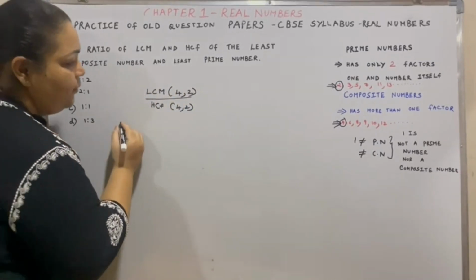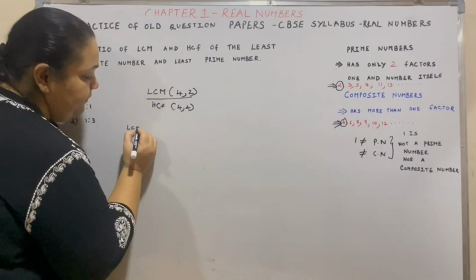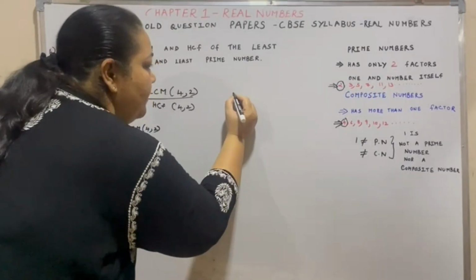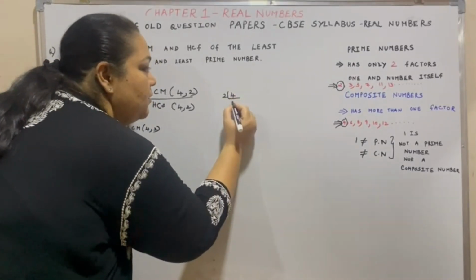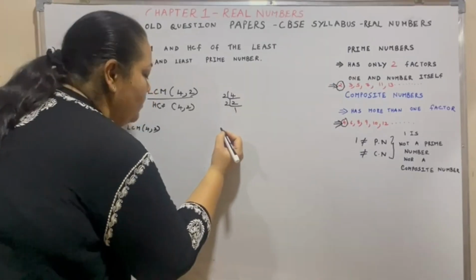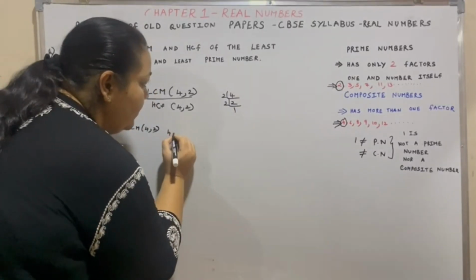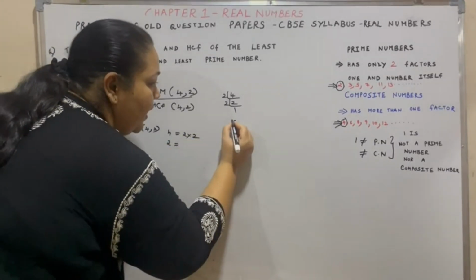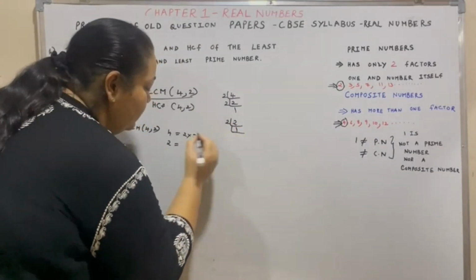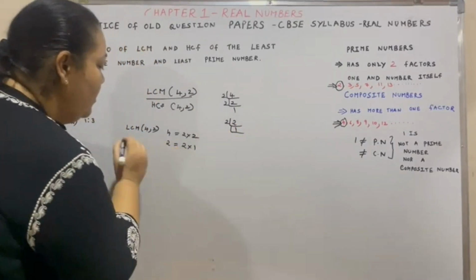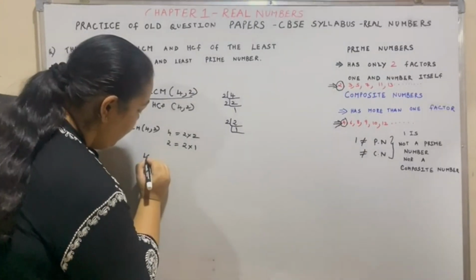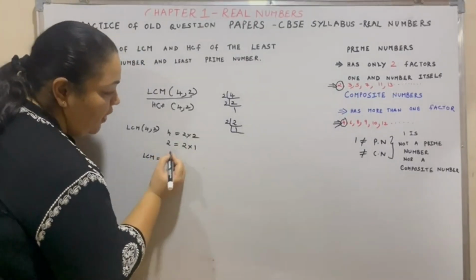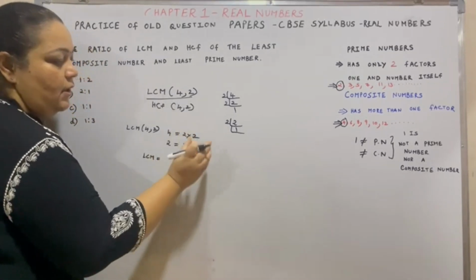Now let us find out the LCM of 4 and 2. First we will do the factorization method. 2 2s are 4, 2 1s are 2. So for 4 it is 2 into 2, and for 2 it is 2 into 1. So what is the LCM of 4 and 2? You have to write all the numbers that are available.